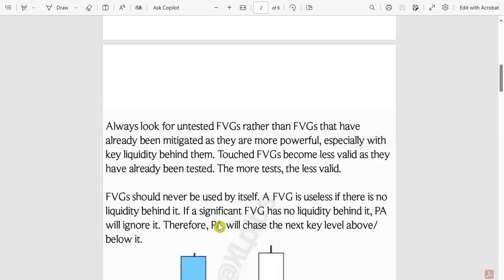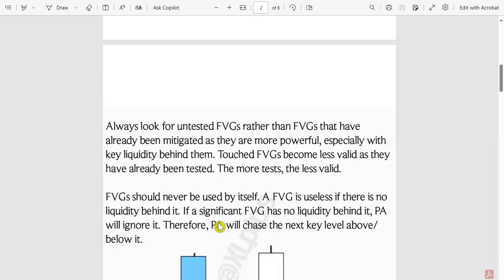Understand that. So if you see any fair value gap which has already been mitigated, then expect if price goes back into that level, price is going to sweep that level. It becomes an inducement level now. So it becomes less valid. And you need to know this.